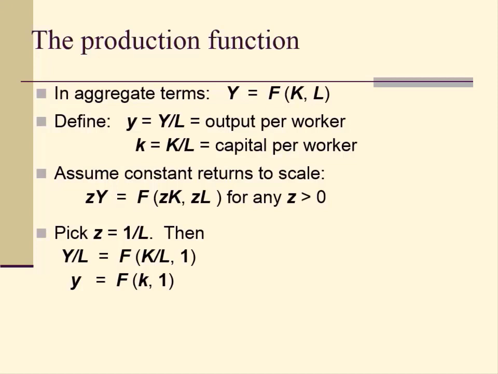Because L over L equals 1, that simplifies a lot of calculations, because now instead of having two variables so that you have to take two partial derivatives, now because we express everything in terms of capital per worker, there's only one variable, that is capital per worker, that explains output per worker. And the lowercase f of lowercase k means basically the production function is expressed in per worker terms, and it shows how much output one worker could produce using k units of capital.